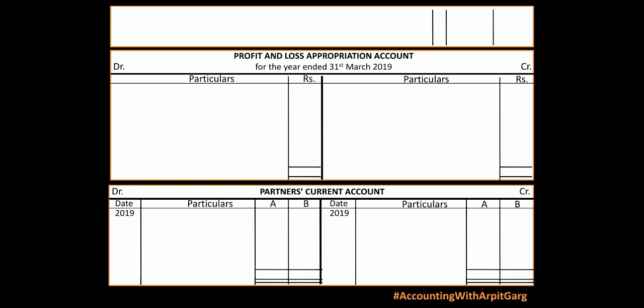So our entry will be: interest on loan, being our expense, will be debited, and as it is not paid, it will increase our liability, so it will be credited to A's loan account. Students, please write the solution with me.